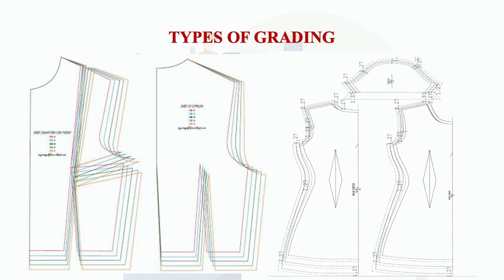So what we do is increase the size from the side part, armhole, and the waistline, but we do not do the grading from the neckline part and the shoulder. So this is how grading of a particular pattern is done, and we get a range of sizes of a particular garment.